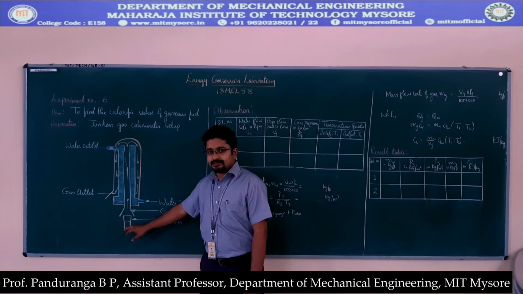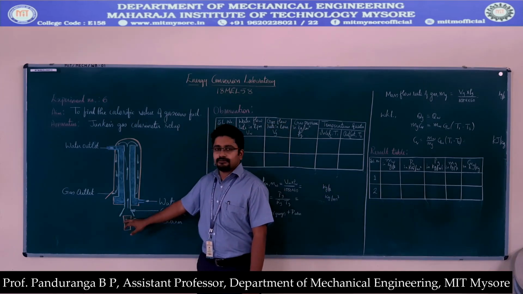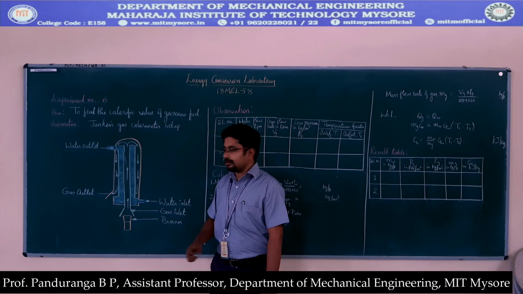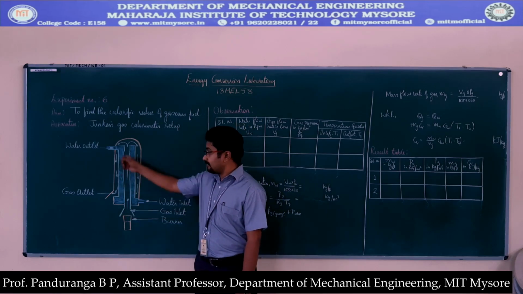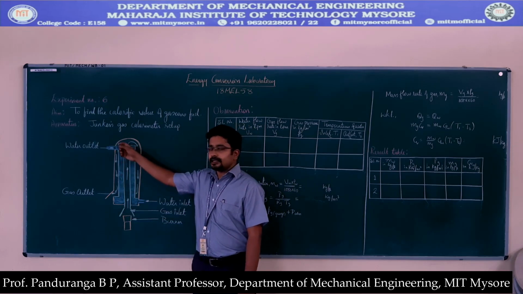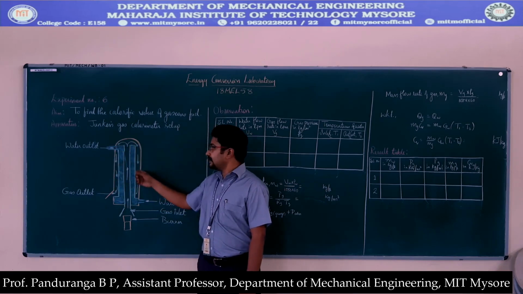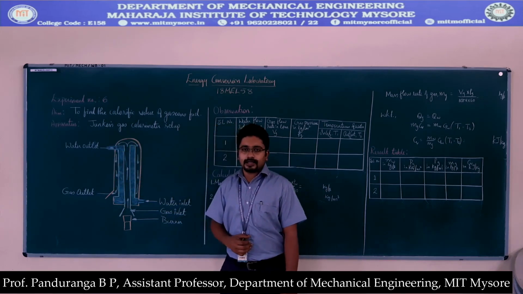Then the gas enters the burner and we ignite the LPG gas. We insert the burner into the inlet of the calorimeter. From here, the gas travels upward and then it takes a U-turn and travels downward through the outermost annular gap.